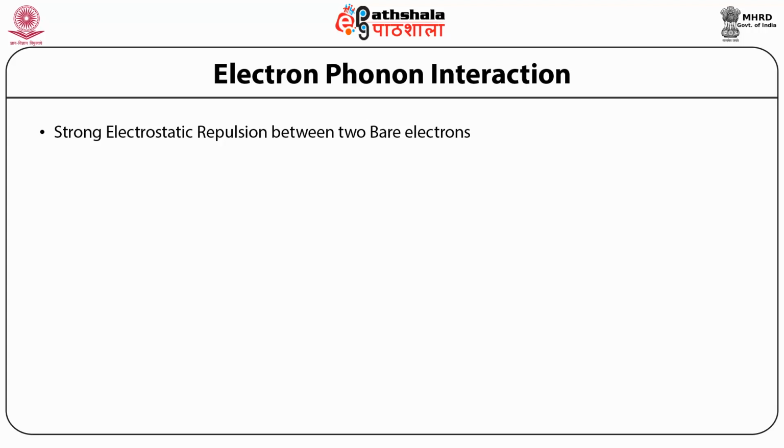Strong electrostatic repulsion between two bare electrons is basically the Coulomb potential we all are familiar with. That is V of r minus r prime, where the two bare electrons are placed at coordinates r and r prime, is equal to e square divided by 4 pi epsilon naught mod of r minus r prime.